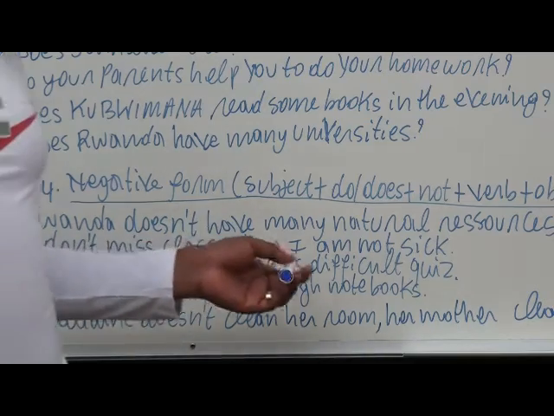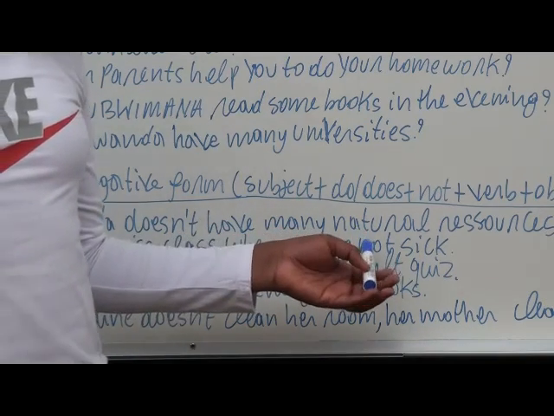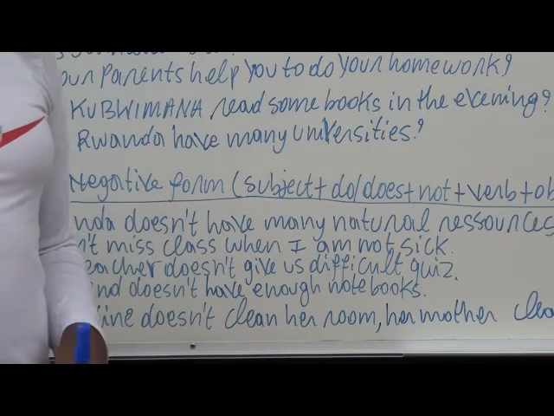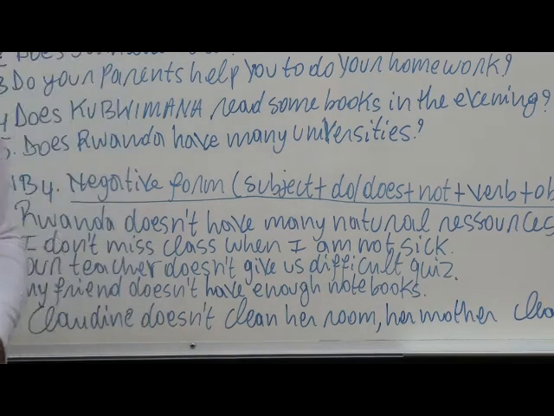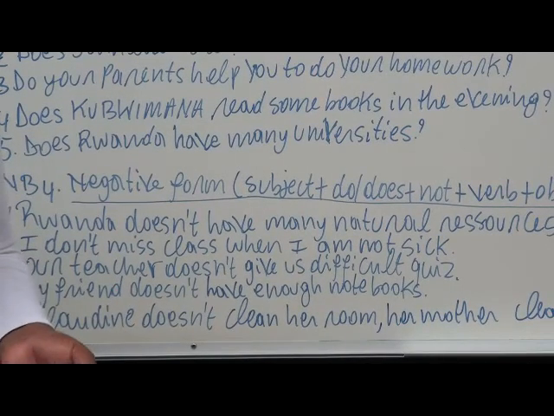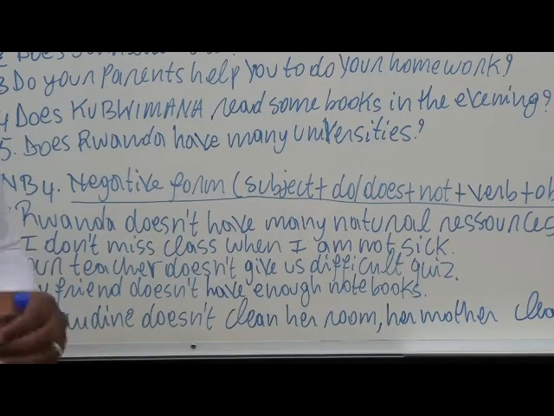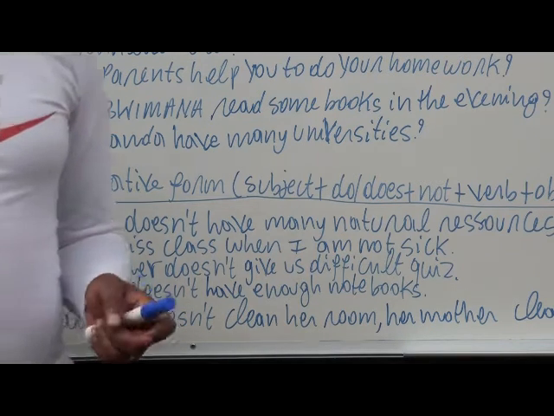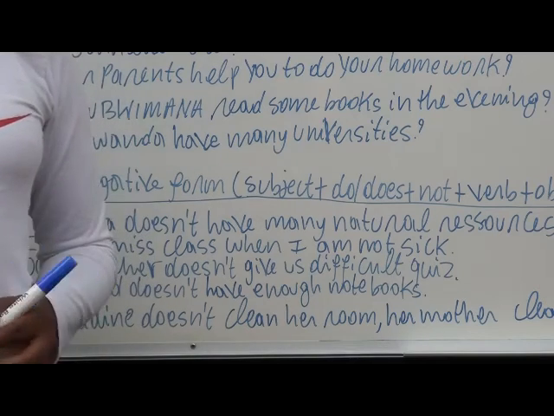And when I'm not, something else you need to know is that we don't use the auxiliary do when we have an auxiliary verb. When we have an auxiliary verb like be, can, may, must, and other modal auxiliary verbs, we will only add not after the verb.